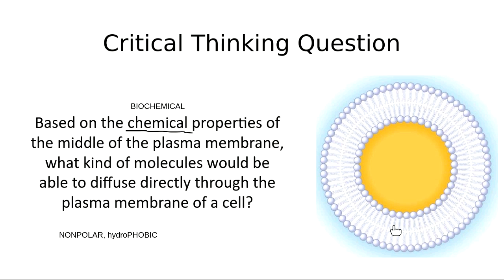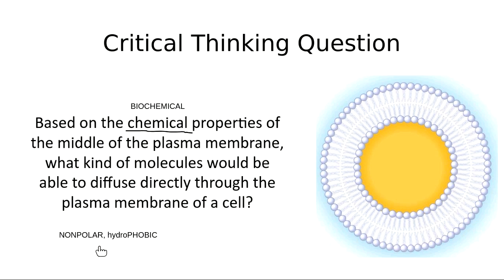So things that are nonpolar or things that are hydrophobic can go straight through these tails. Absolutely. Nicole mentioned small things. That is correct as well. Some small things can squeeze through. For the most part, though, the two main ones that we want to make sure we know are things that are nonpolar and things that are hydrophobic.